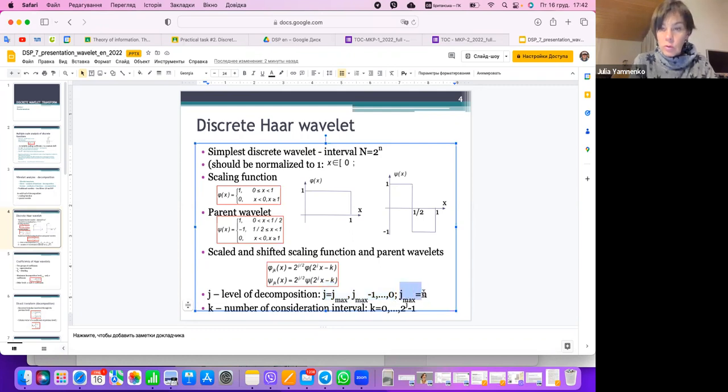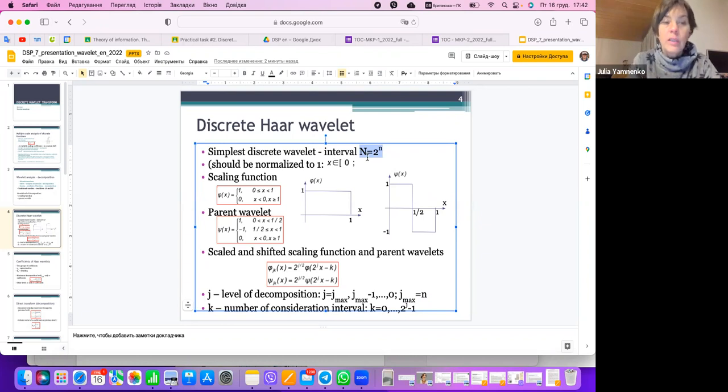And here, how to understand what is maximum. J maximum is equal to n, but what is this n? How to obtain it? Let's take a look a little bit above, where there is an interval. Because we are dealing with a discrete method, the capital N is the number of discrete values of the original function.